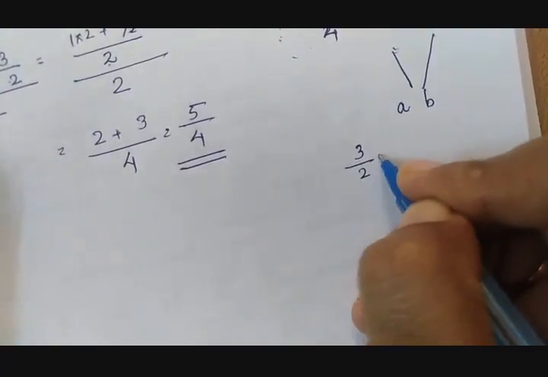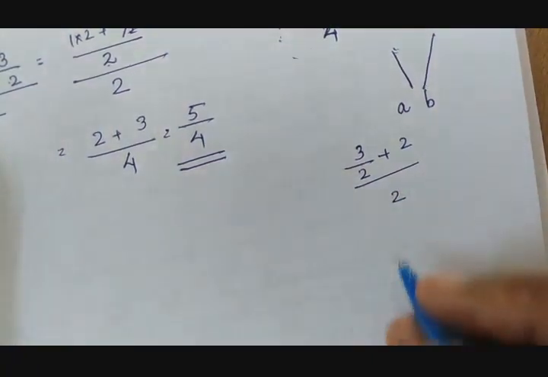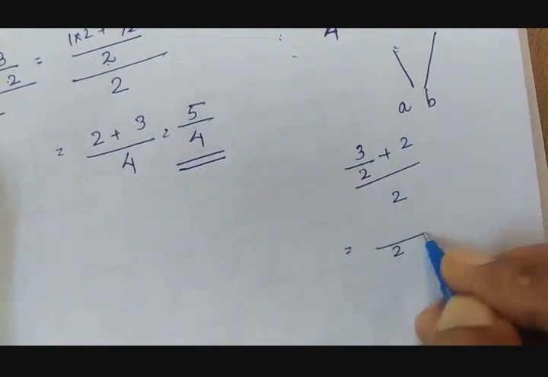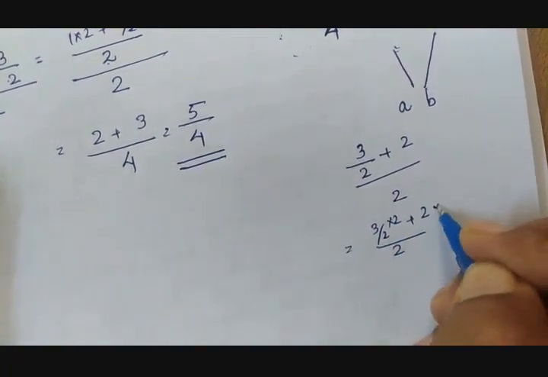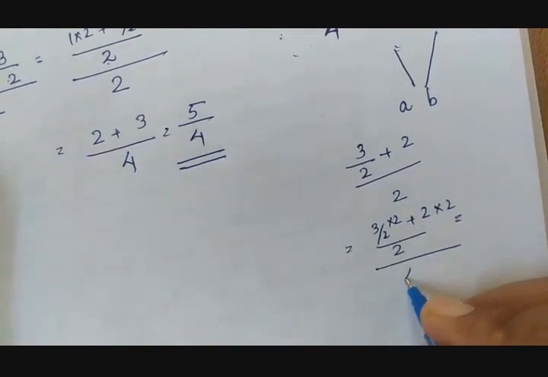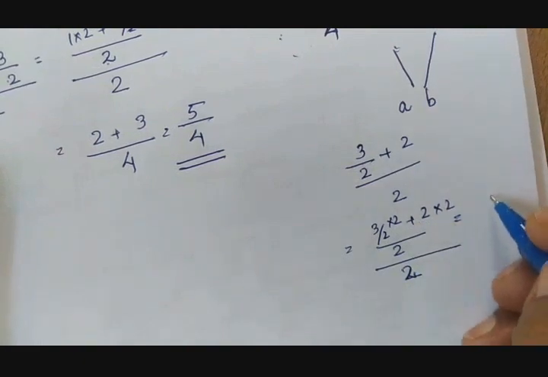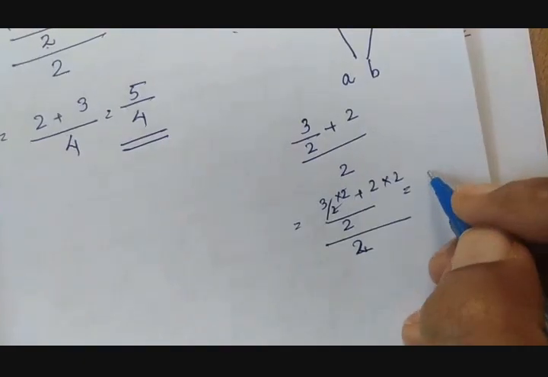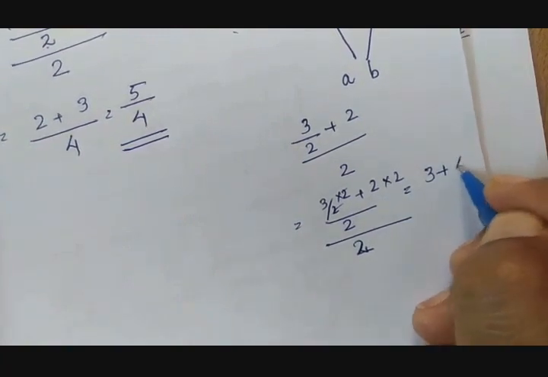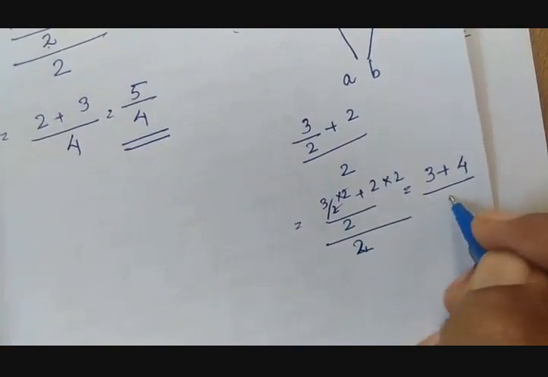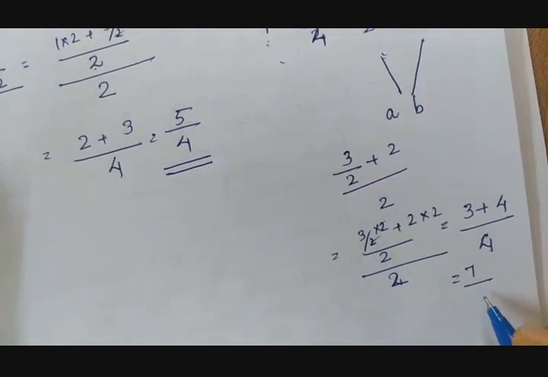3 by 2 plus 2, divided by 2. Here the LCM is 2 itself. 3 by 2 into 2 plus 2 into 2, the whole divided by 2 into 2, that is 4. 3 by 2 into 2 is 3, 2 into 2 is 4, so the numerator is 7, and it is equal to 7 by 4.